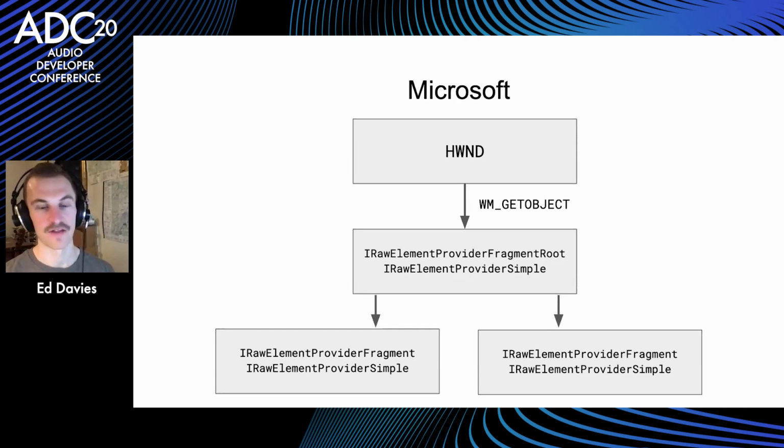And then any navigation is drilled down from the fragment root. So you can see below our fragment root, we just have a couple of fragments, which may be any UI elements, but in our case will be our label or our text button. And any customization of these providers is done via control patterns and control properties, which we'll talk about now.